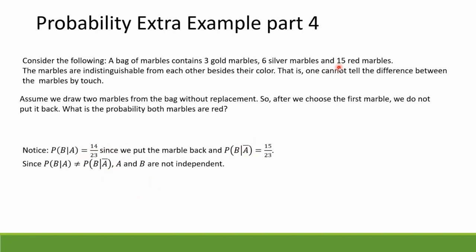So there are 15 red marbles in the bag, but there's still one less marble. So there's still only 23 marbles. So this probability becomes 15 out of 23. So that's what we get here.